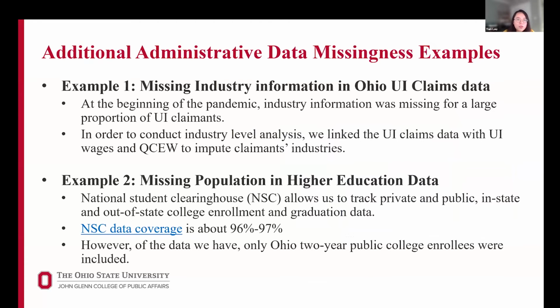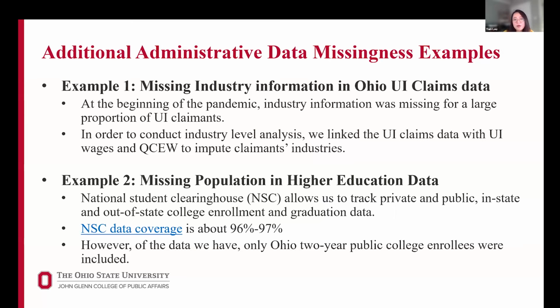So next, I would just like to share a few examples about missingness in data in my own work. The first example is the missing industry information in Ohio UI claims data. Typically, the data is relatively complete.